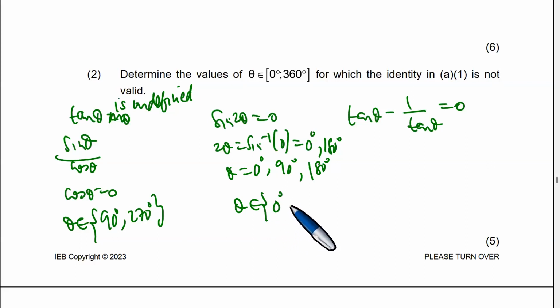Theta is 0 degrees, but also 90 degrees, because 2 times 90 is 180. Sin 180 is 0. To check, 2 times 0 is 0, sin 0 is 0.